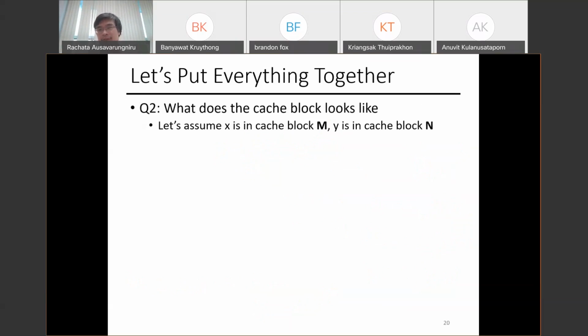Question 2. Switch back to memory coherency. So you have a cache block. X is mapped to M. Y is mapped to cache block N. So those are two totally different cache blocks.